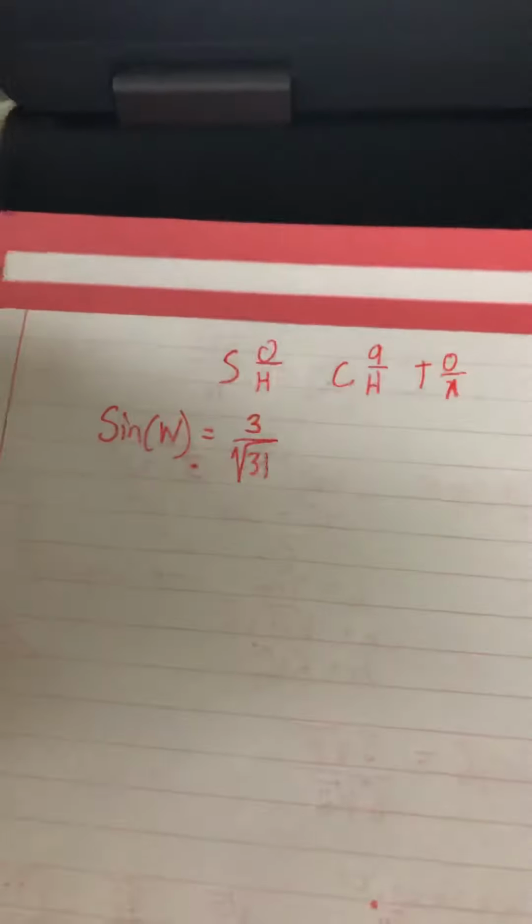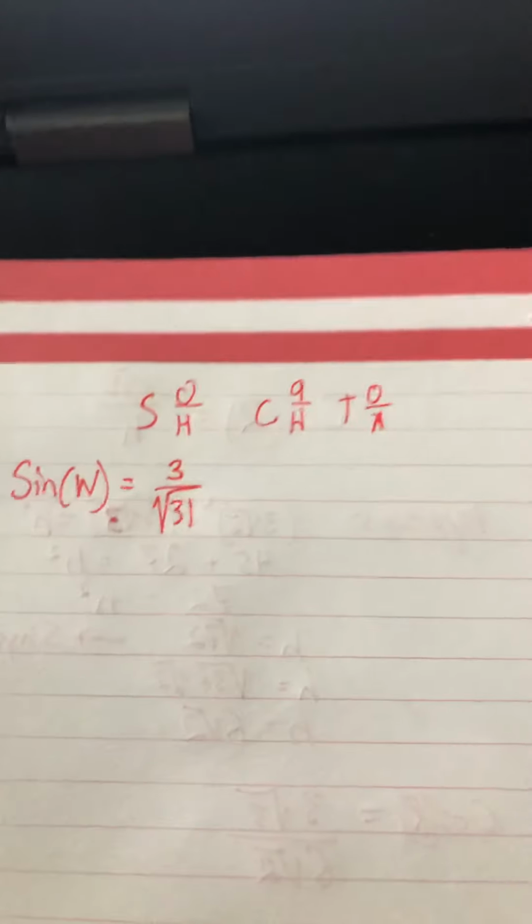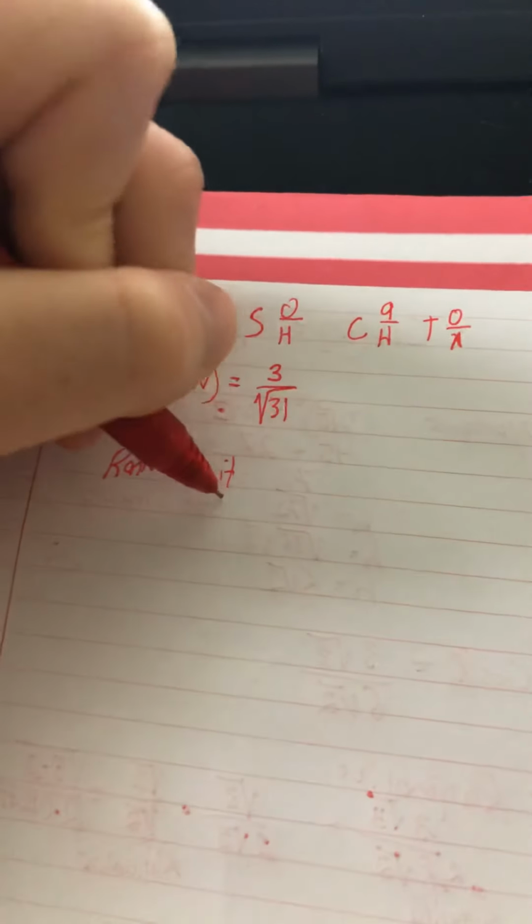So now we have a denominator that has a radical, and that is not our standard form. We want to put this in standard form, which means that there is no radical on the bottom. We have to rationalize the denominator. So we've got 3 over root 31.